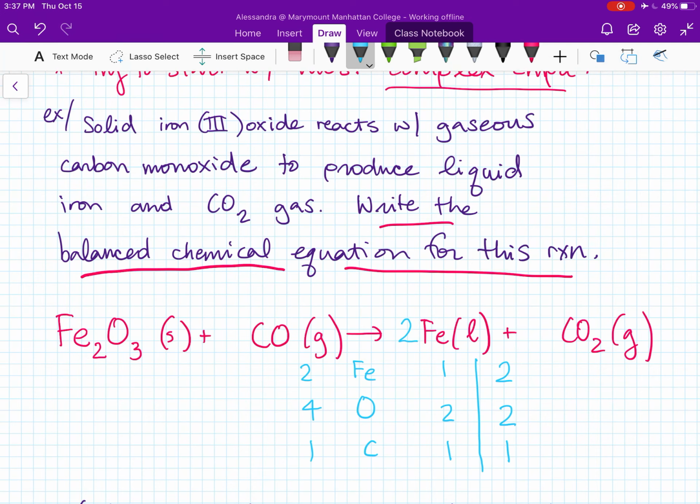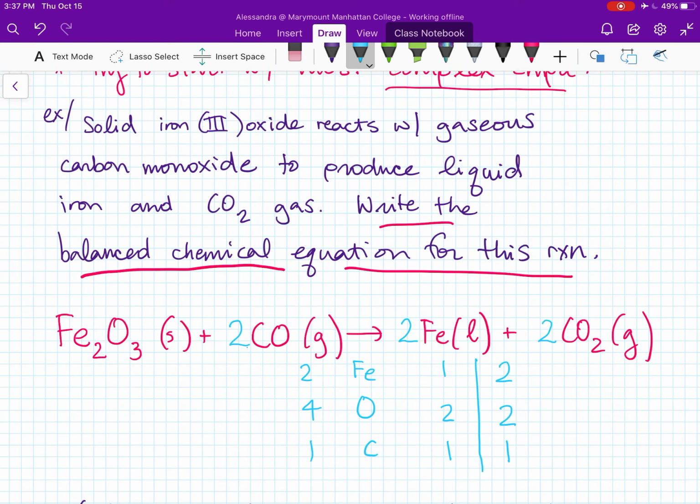So I have to kind of guess and check to try to make these oxygens work out. If I place a 2 here, I get myself into trouble very quickly. Because if I place a 2 there, then I'm making 2 carbons, and I need to have a 2 here.